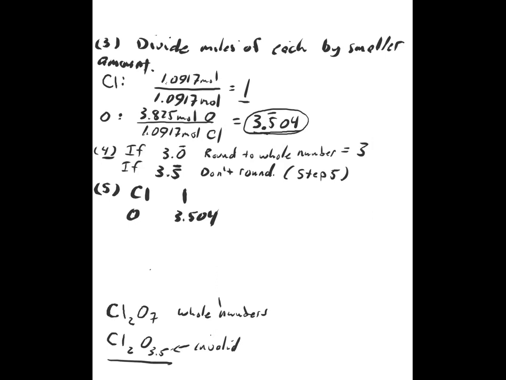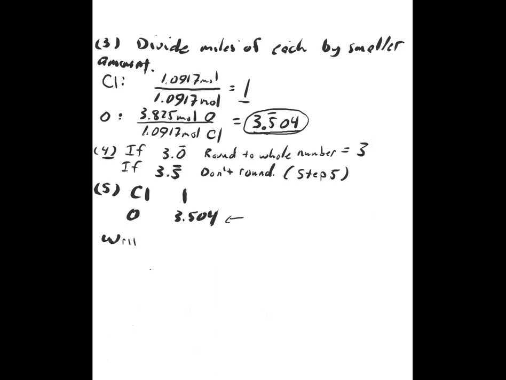But for the most part, we want to have whole numbers, okay? This is not a whole number. So how do we deal with that? You write the formula with the numbers you calculated.